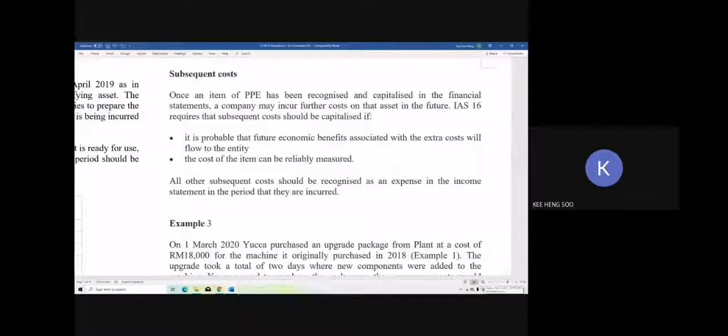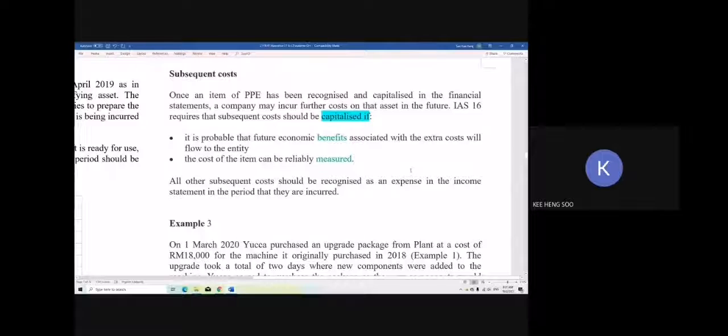So for the subsequent expenditures, subsequent costs are capitalized only if you remember the keyword benefit, and you must be able to measure. Future economic benefit, and you must be able to measure.